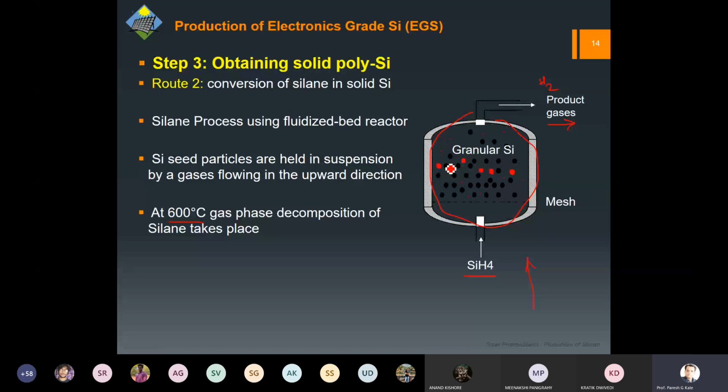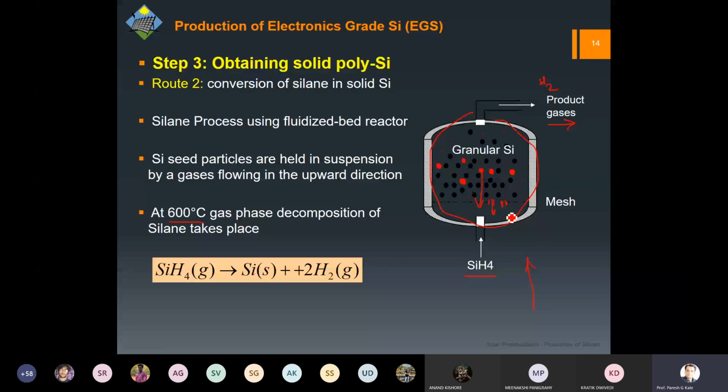But when the deposition grows, the weight increases, and obviously now it cannot sustain, and it starts falling down. When a certain particle size is achieved, it will fall down from this particular mesh, and this is the silicon we are getting in a solid form. Now the advantage, of course, we are going to discuss later.